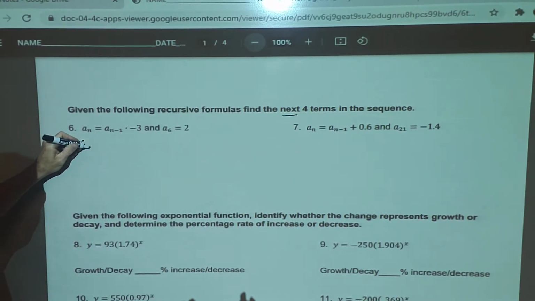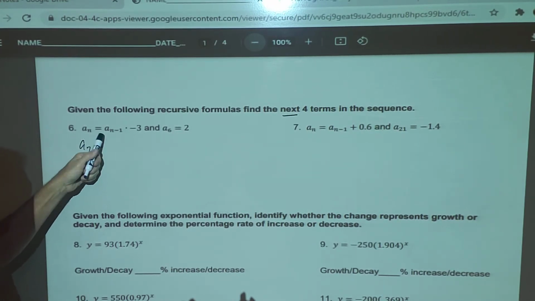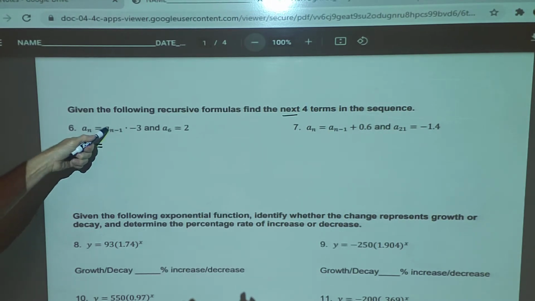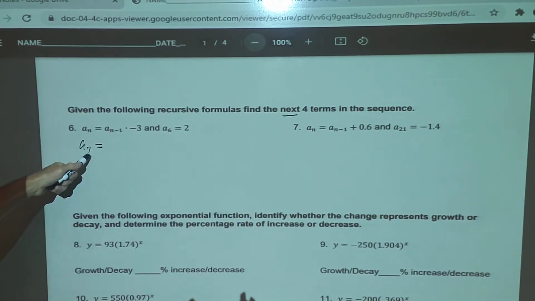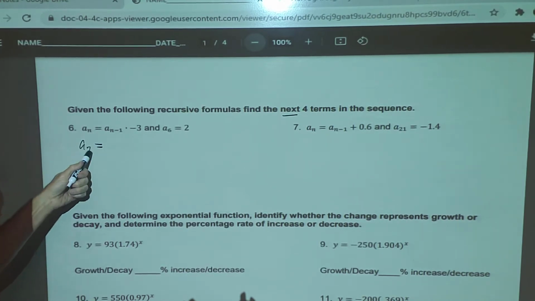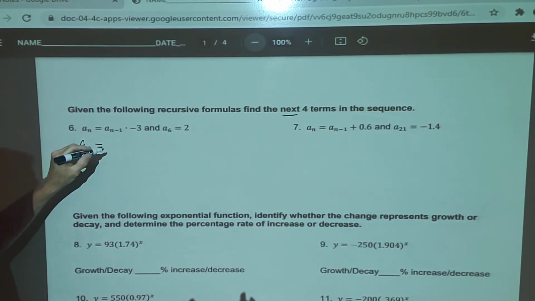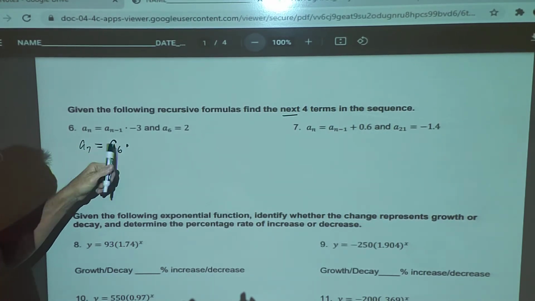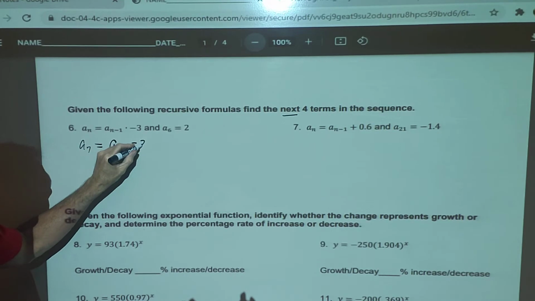So A subscript 7 equals, all right, again, n minus 1 just means we're subtracting 1 from the term that we're looking for, which would be the previous term. 7 minus 1 is 6. So that's A sub 6 times, we're multiplying by -3.